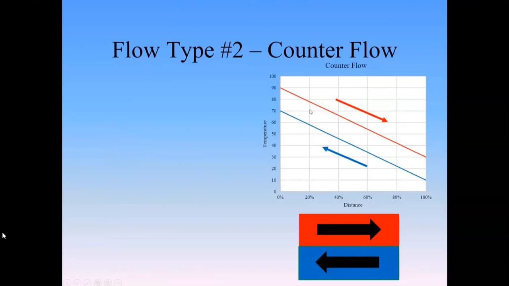And I tend to maintain about the same temperature difference as I go through this heat exchanger. And why that's important is that the temperature difference dictates the heat exchange rate. So this heat exchanger has a much more even rate of heat exchange through the entire heat exchanger.